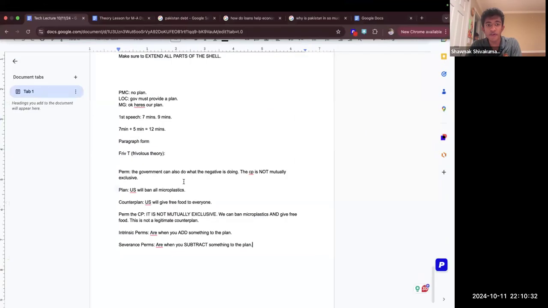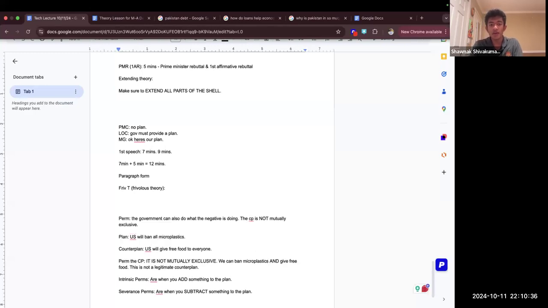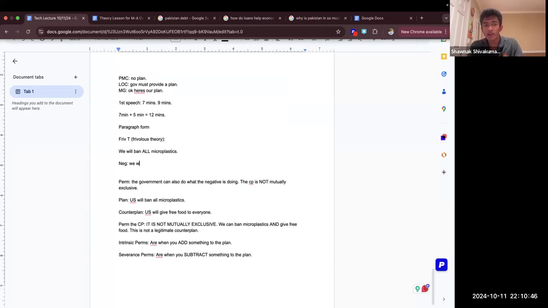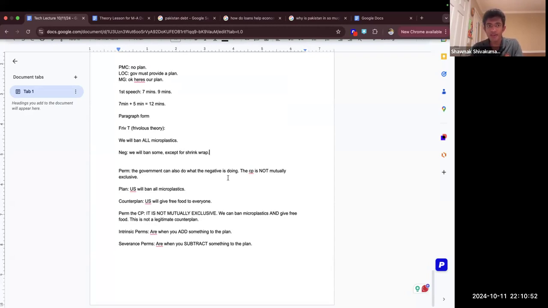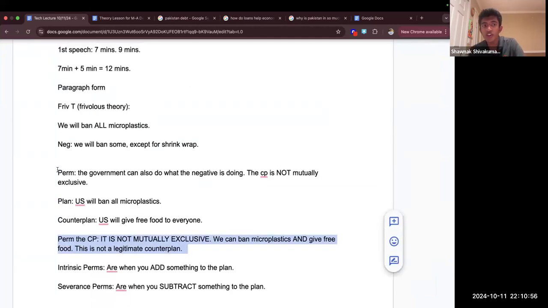But the affirmative in the first speech said, we will ban all microplastics. So they interpreted it that way. But in the resolution, there's nothing that says all. So when they said we will ban, negative says we will ban some except for shrink wrap. Then you can say perm the CP and do what they're doing.